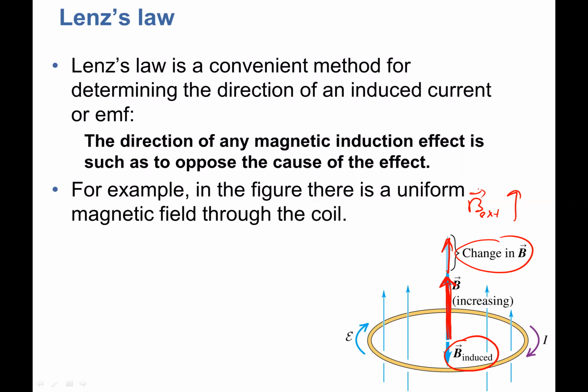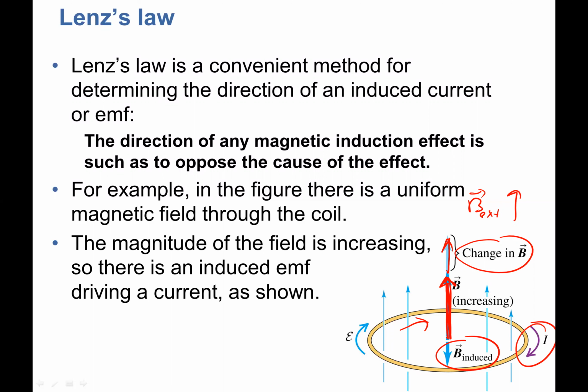But in this case, because B external is increasing, B induced has to be in the opposite direction. In order for the current to generate a downward magnetic field, the current has to be clockwise. So that's why you have a clockwise current, so it can generate this downward induced magnetic field.